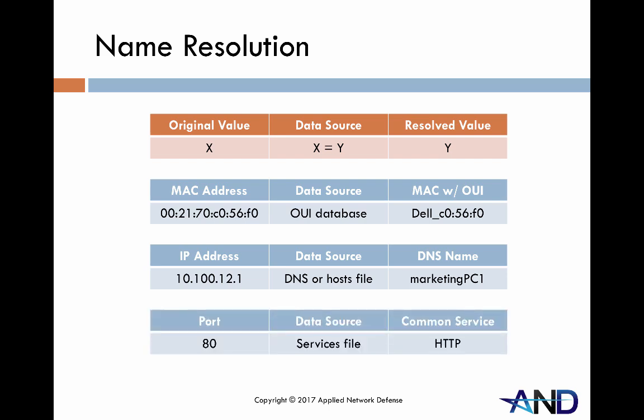Now, one last type of name resolution occurs at the transport layer, and it's port name resolution. We know that Transmission Control Protocol and UDP, User Datagram Protocol, are layer 4 protocols that communicate over ports, and certain numbers of those ports, particularly the ones usually below 1024, are known for having specific services associated with them. So in this case, port 80 is most closely associated with HTTP.